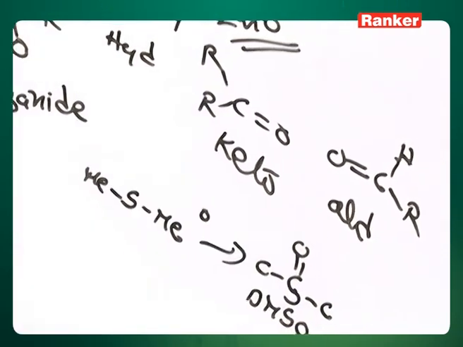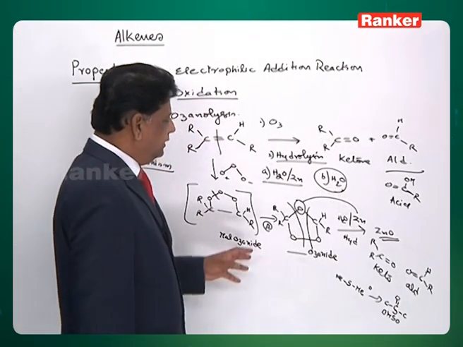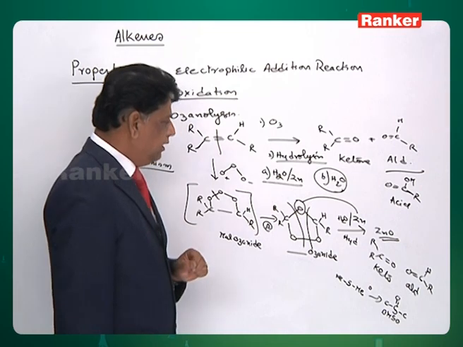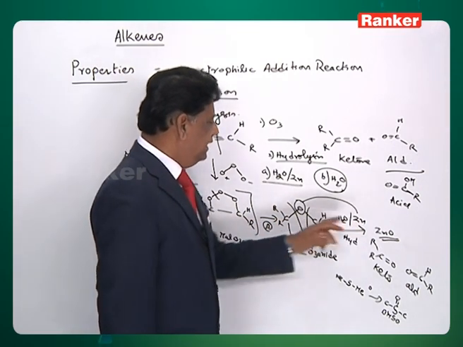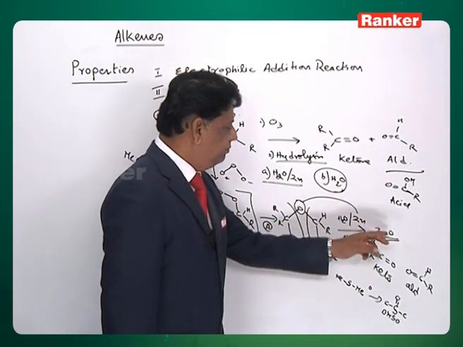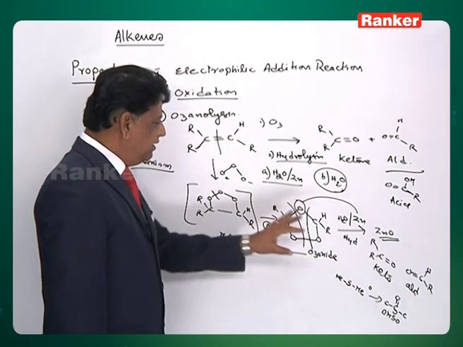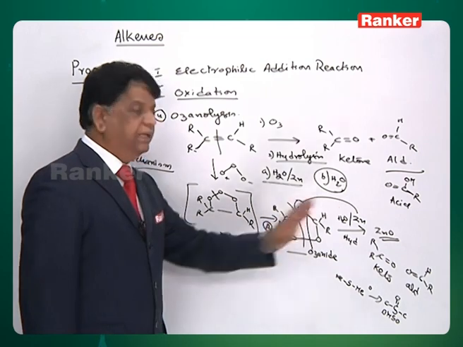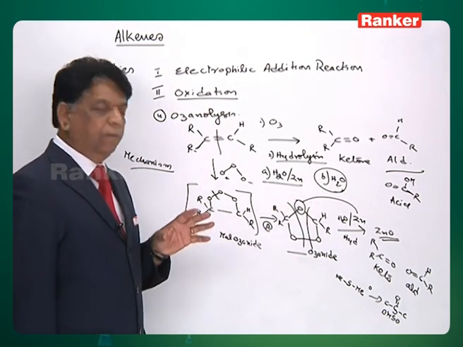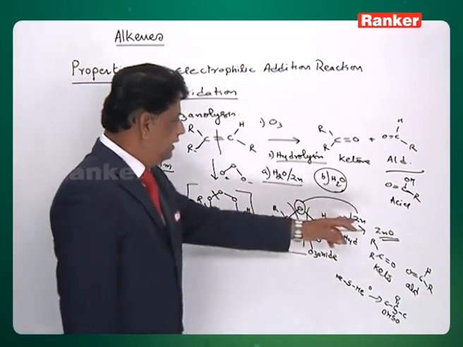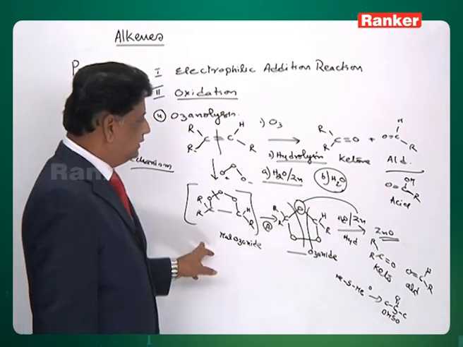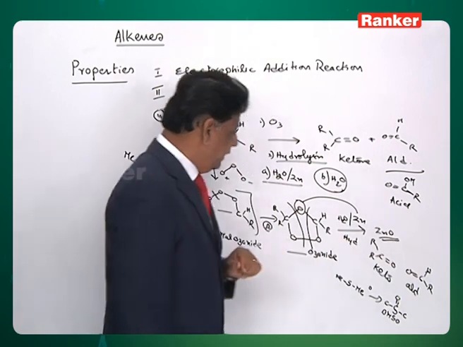So there are other methods to grab away this oxygen. The simple way is zinc. Zinc takes away oxygen and becomes zinc oxide. So zinc is reducing, therefore I call this type of hydrolysis a reductive ozonolysis because zinc is reducing. So zinc reductive ozonolysis gives a ketone and an aldehyde.